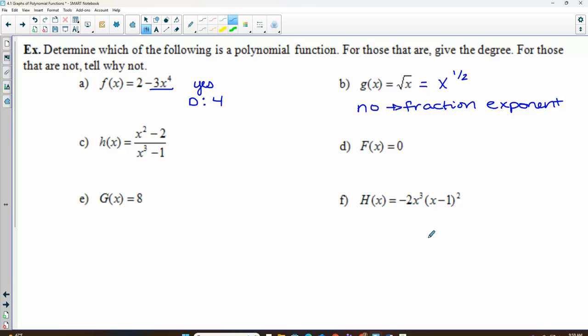C, we said polynomials are nice smooth curves. When we look at the functions, it was just all these powers of x added or subtracted. Would this one be a polynomial then? No, because I'm dividing by x. So your reason, you could give me different things. You could say x is in the denominator.